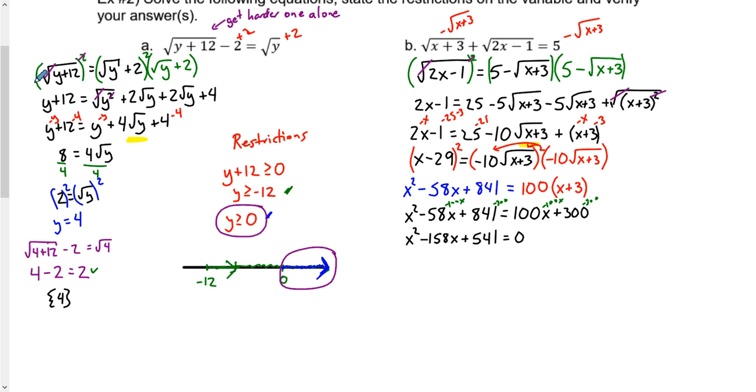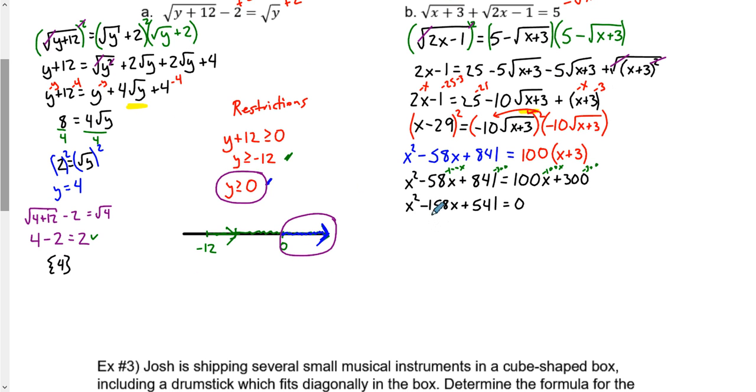Well, if we can't factor, we can certainly use our quadratic formula. So negative b, which would be 158, plus or minus the square root of 158 squared, subtracting 4 times 1 times 541, all over 2a.